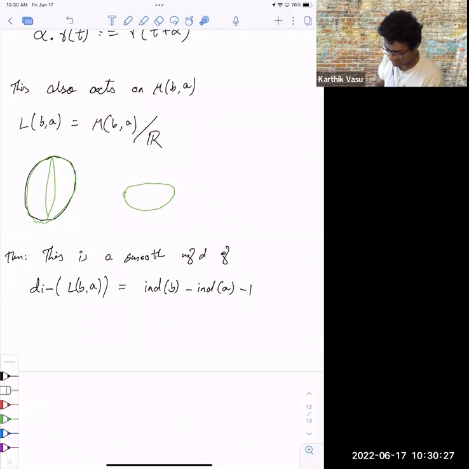Okay, so the dimension of this will depend on index of B, index of A, and you just subtract 1.